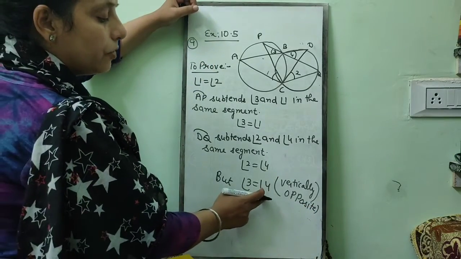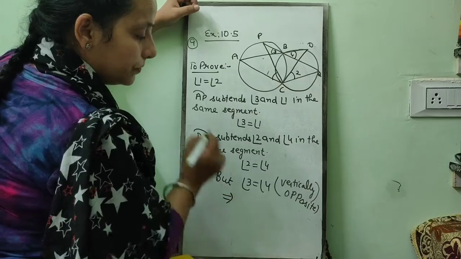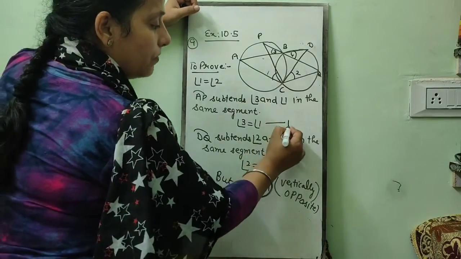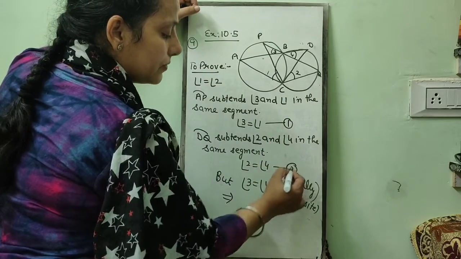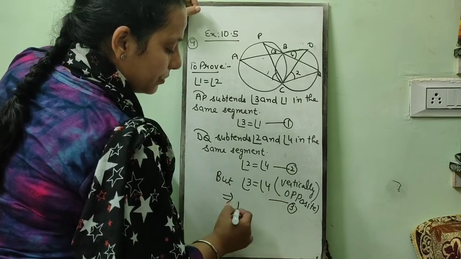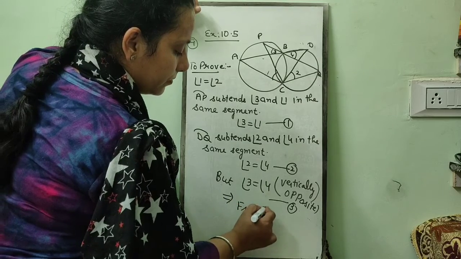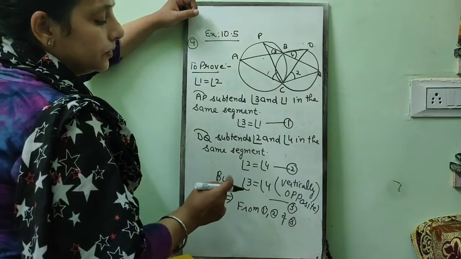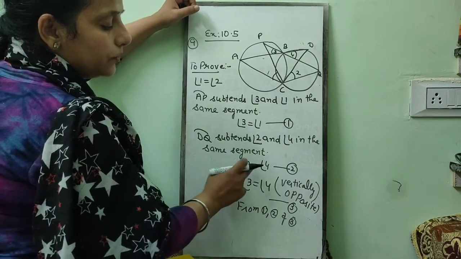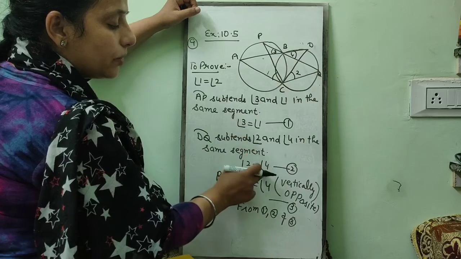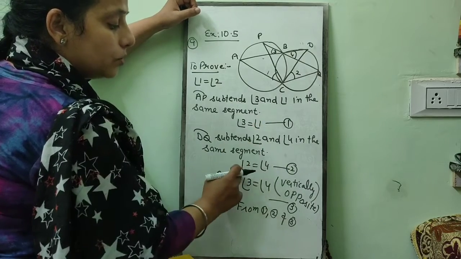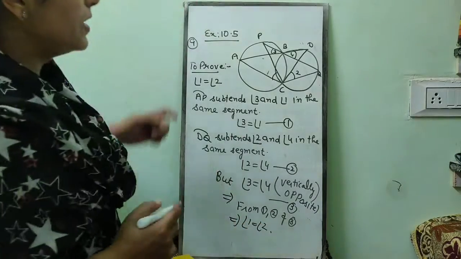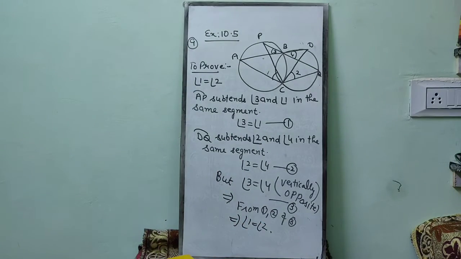From 1, 2 and 3, we get 1 is equal to 3, 2 is equal to 4, but 3 and 4 are equal. It means 1 and 2 will also be equal. Give a 1 minute review to this sum thoroughly.